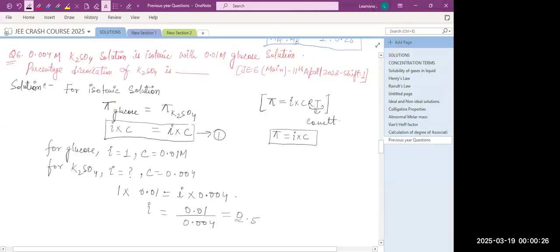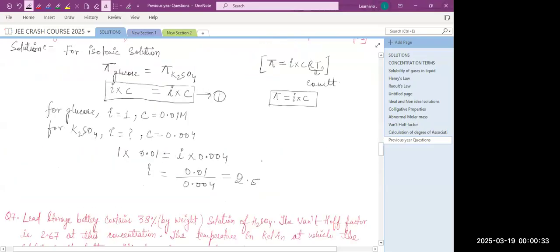So i equals 2.5. Now we know that i equals 1 plus (n minus 1) into alpha, where alpha is the degree of dissociation.